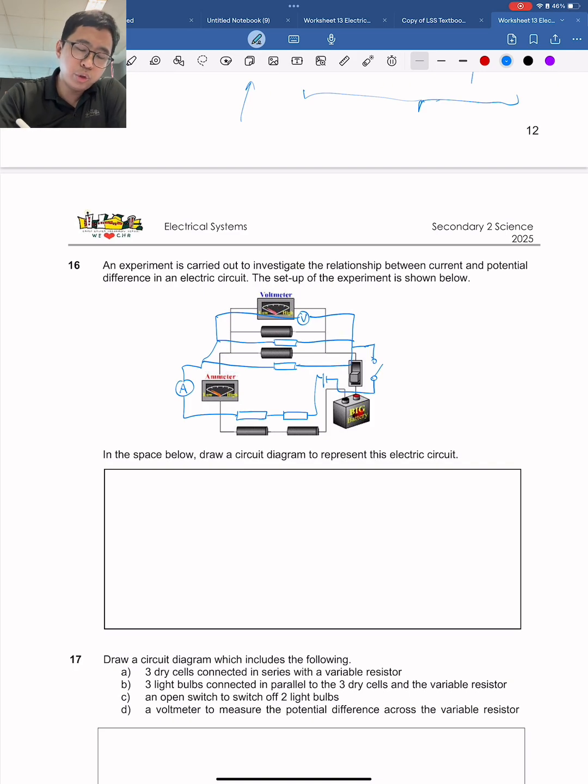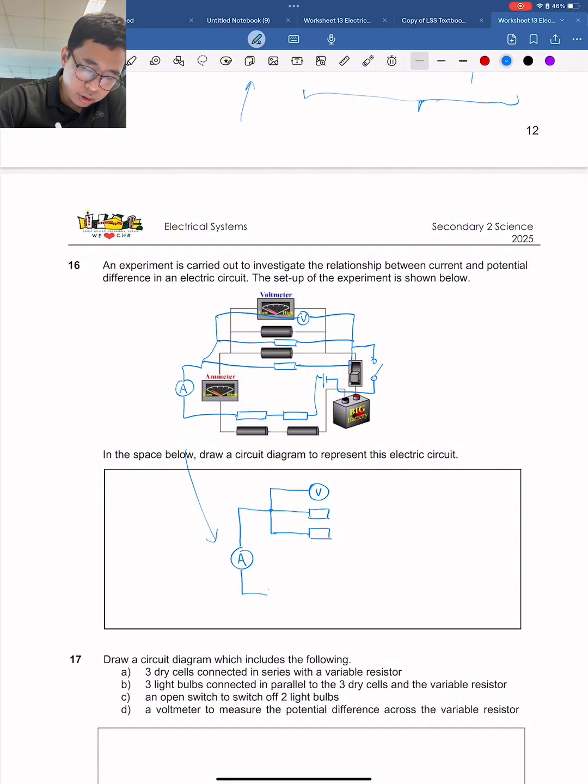So let's say if you draw it out in this manner, you can bring it down, and maybe you can neaten it up a little bit. Let's just redraw this here. You have your voltmeter, you have your resistor, you have your resistor. Connect it. Then it goes to your ammeter.